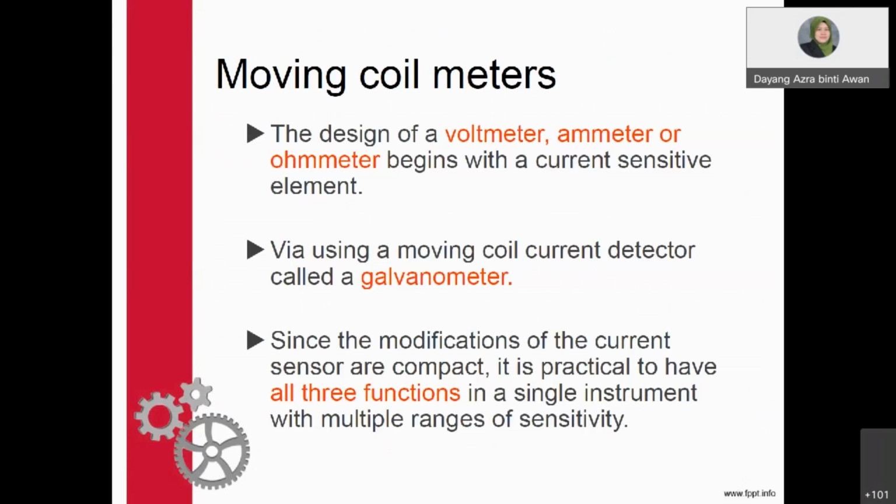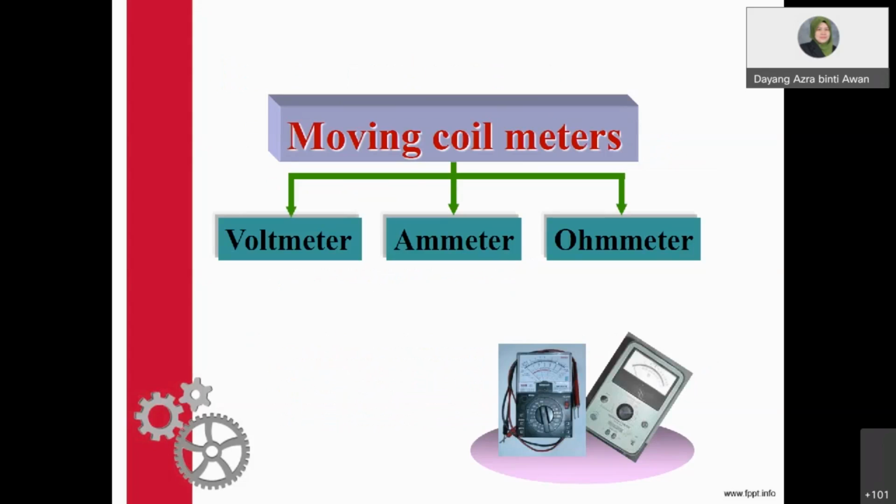Okay. So moving coil meters: the design of a voltmeter, ammeter, or ohmmeter begins with a current sensitive element. We are using a moving coil current detector, which we call a galvanometer. Since the current sensor is compact, it is practical to have all three functions in a single instrument with multiple ranges of sensitivity. So we have a voltmeter, ammeter, and ohmmeter. Previously, we had a voltmeter, ammeter, and ohmmeter individually.